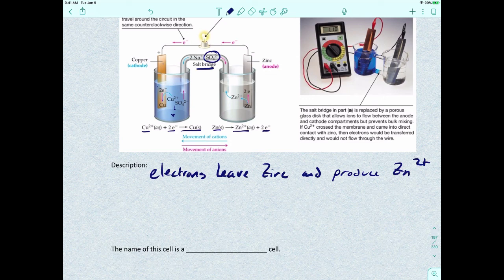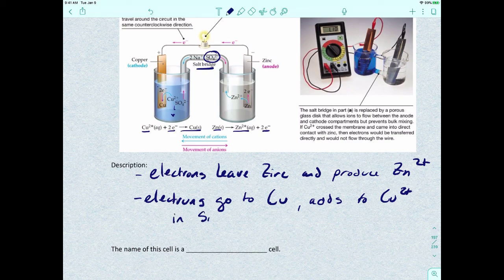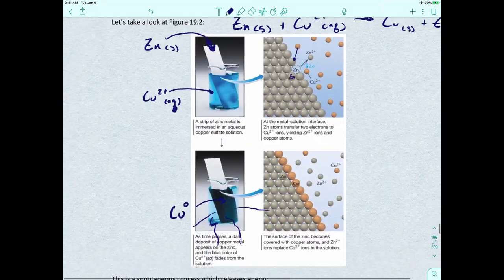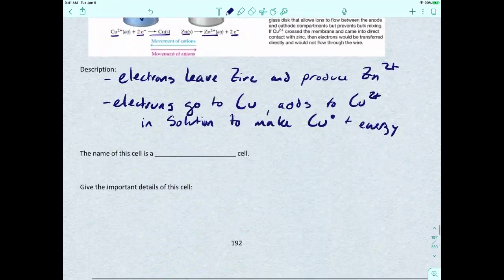Okay. The electrons go to copper and add to copper 2+ in solution to make elemental copper and energy. All right. And so that's what's going on here.